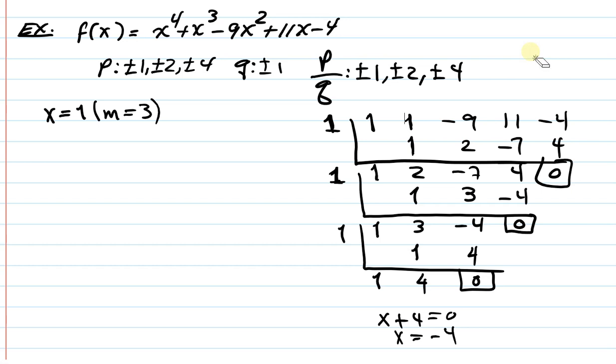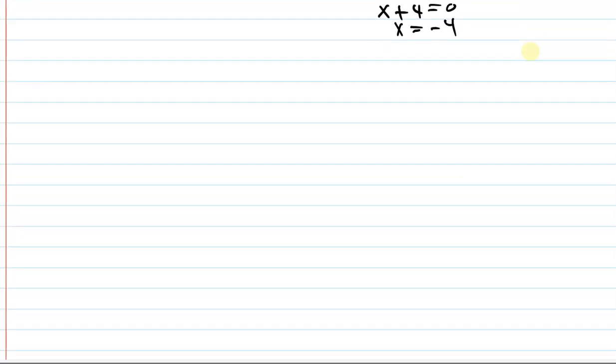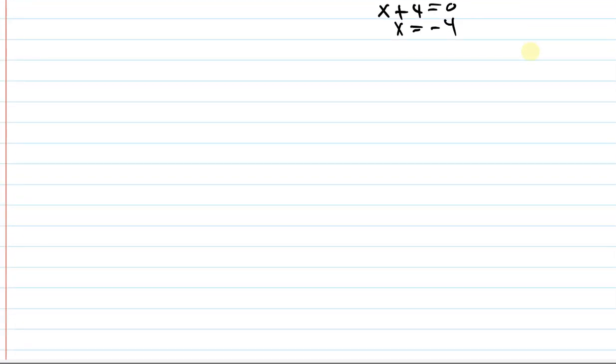We just solve it. So the other solution is negative 4, and we found all solutions. Again, because this is a fourth degree polynomial, it can have at most 4 solutions, and we found all 4 of them. No complex solutions in this one. So let's try another one.